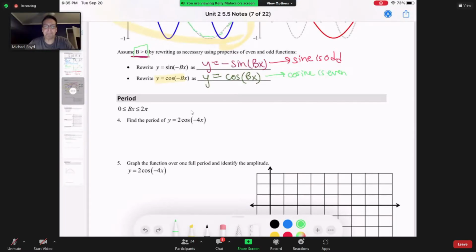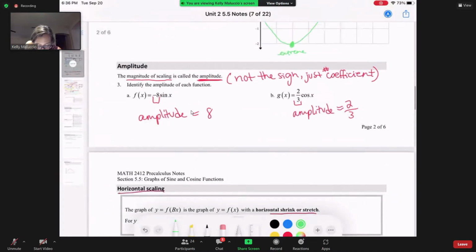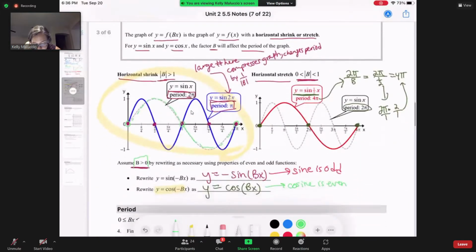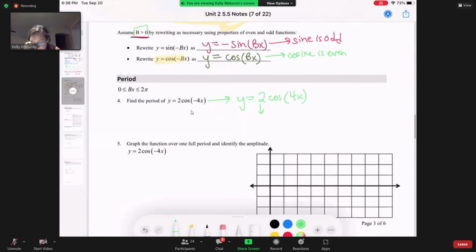Okay. So for this case, we can rewrite this as y equals 2 cosine of 4x, right? Because the positive and the negative don't matter. And then we can say what's going on here. Now we're combining what we learned up here, vertical scaling, with the horizontal scaling, right?